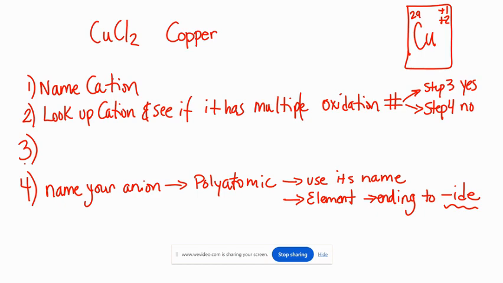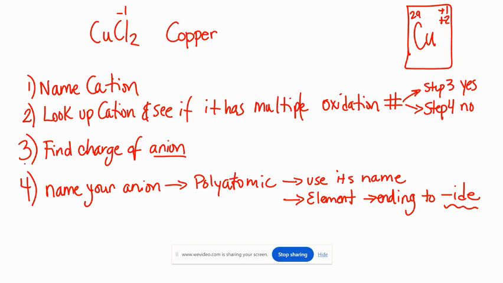So now we need to fill out step 3. Step 3, find the charge of the anion. And I know you're like, but we're looking for the charge of the cation. Start with the anion. So that's where you want to start. The charge of the anion for chlorine is a -1.